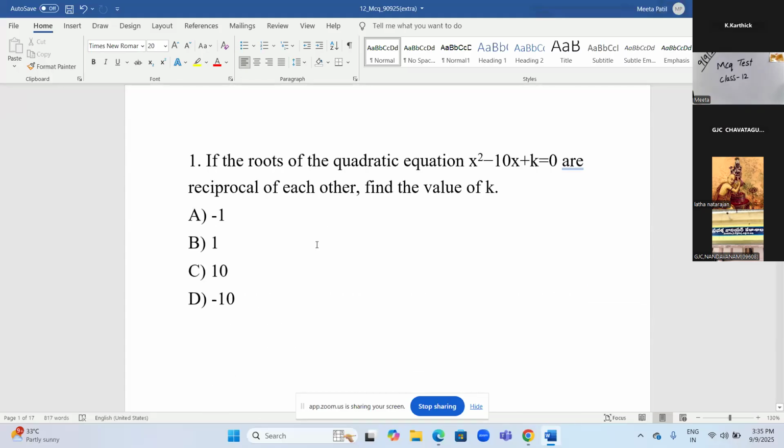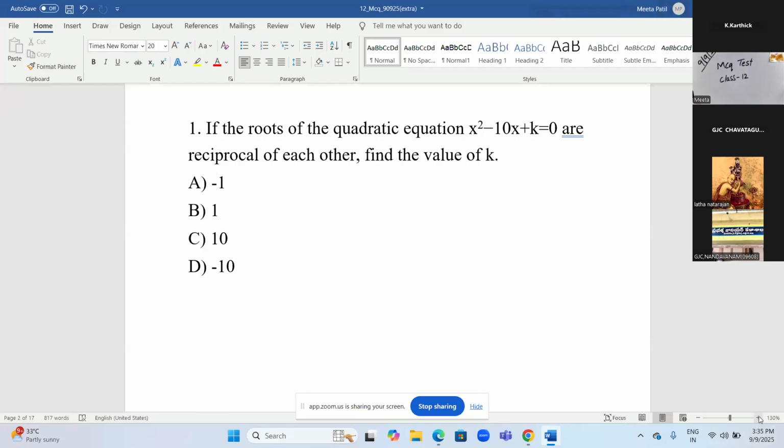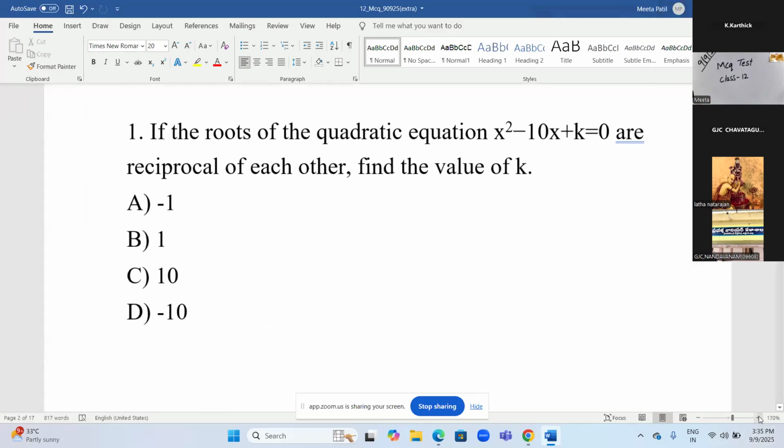Here you have the first question: if the roots of the quadratic equation x square minus 10x plus k equals 0 are reciprocal of each other, find the value of k. The options are A: minus 1, B: 1, C: 10, and D: minus 10.